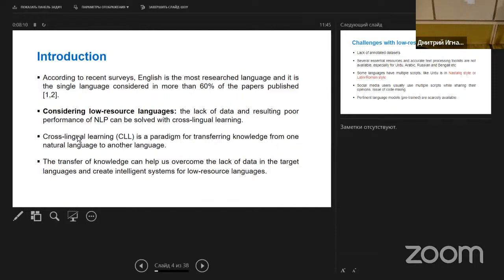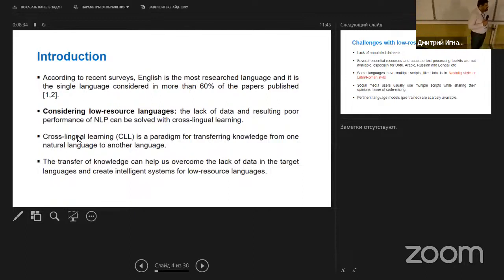So we can handle this issue using the cross-lingual learning methodology. And what is the cross-lingual learning methodology? It is a paradigm, an approach that transfers knowledge from one natural language to another natural language. That is the basic definition of cross-lingual learning.